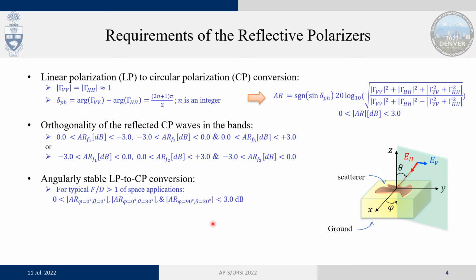And the axial ratio of the CP reflected wave from all of these meta-atoms should be less than 3 dB. Finally, we only want to use a single layer of scatterers for this polarizing surface to result in a low-profile reflector.